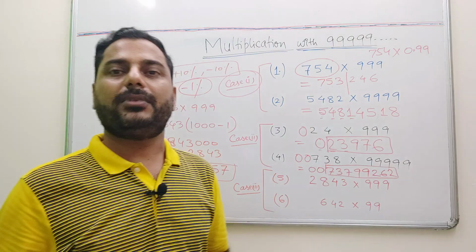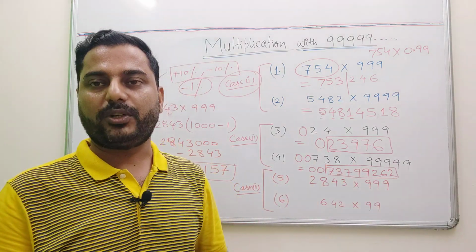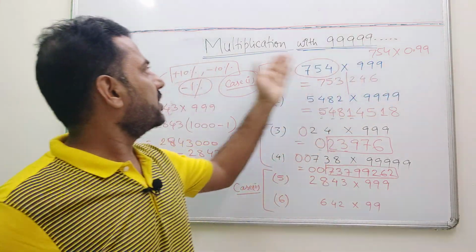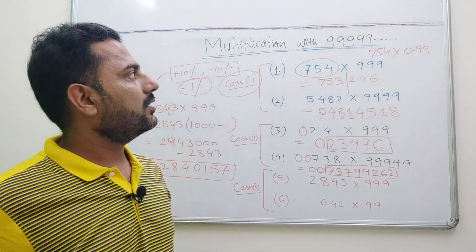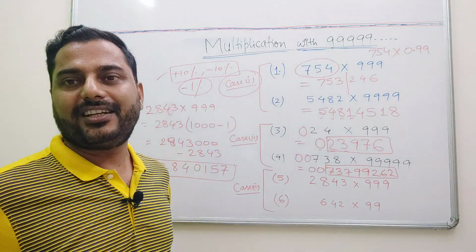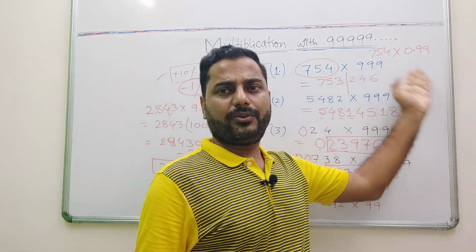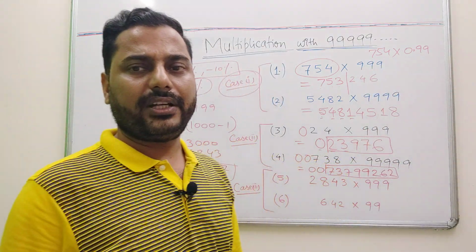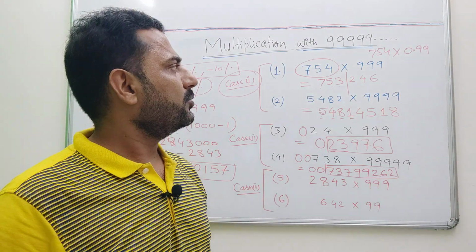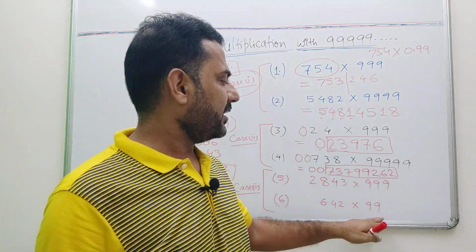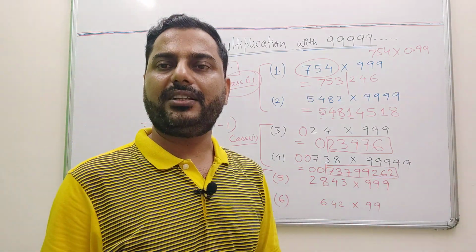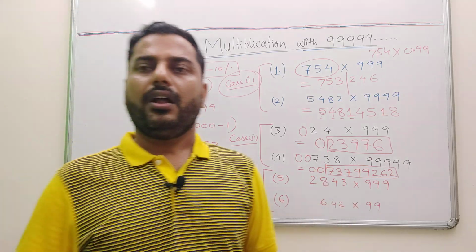A 1% decrease means multiply the given number by 0.99. Now this question becomes multiplication of any number with a series of 9s, right? Now we all know that you can use this concept here. 99 can be written as 100 minus 1 to answer this question.